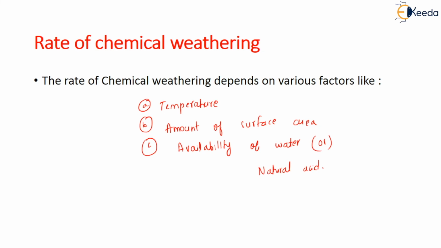These are all factors which will help in the rate of chemical weathering: temperature, the amount of surface area on which this process is going to occur, and the availability of water. It also depends upon the availability of natural acid.